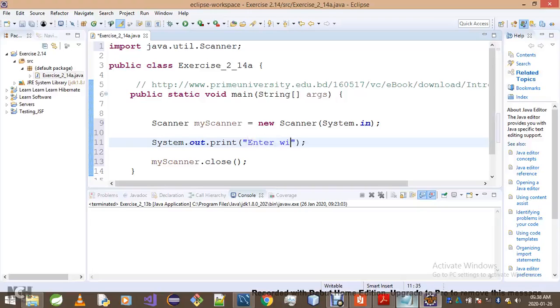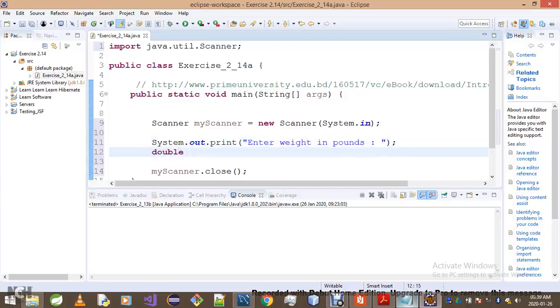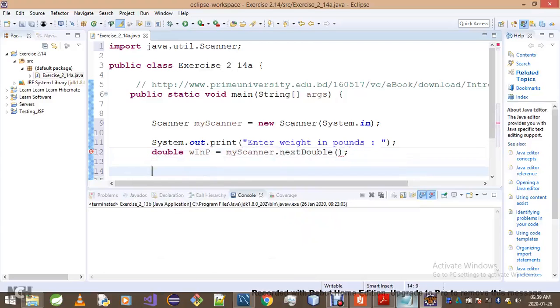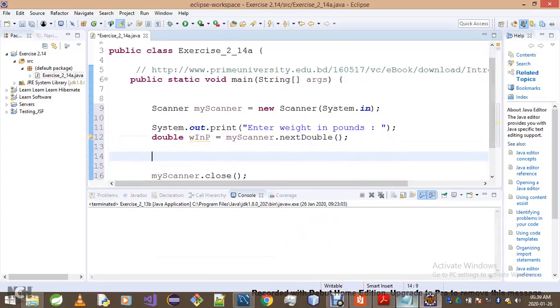Enter weight in pounds, and we'll simply go and declare and initialize our variable w in p. We're simply going to call the nextDouble method from the Scanner class. Again, you shouldn't let the terminology intimidate you.